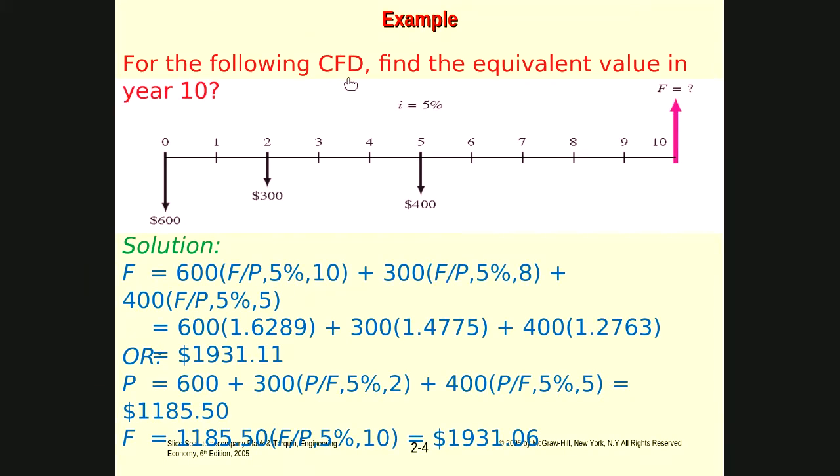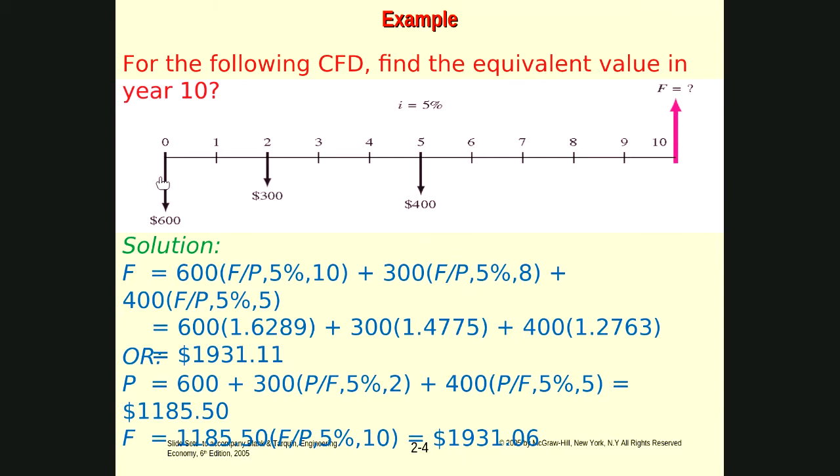We do the formulation for converting that to the future. Is the 300 at year 2 a future or present value compared to year 10? It is present. But if I ask you, is the 300 a future value or a present value compared to year 0?